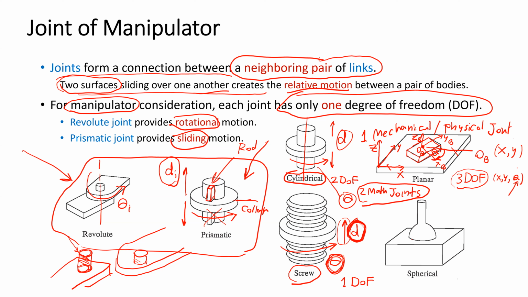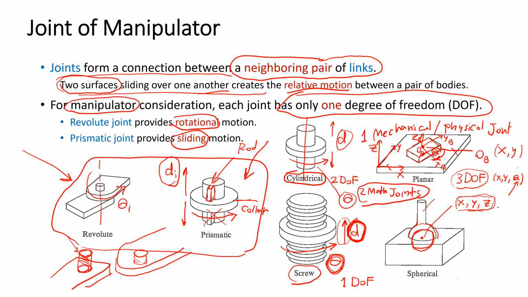How about a spherical joint? A spherical joint has a sphere inside and a cup outside. For a spherical joint, the X, Y, Z position of the reference frame attached to the moving part cannot be moved.